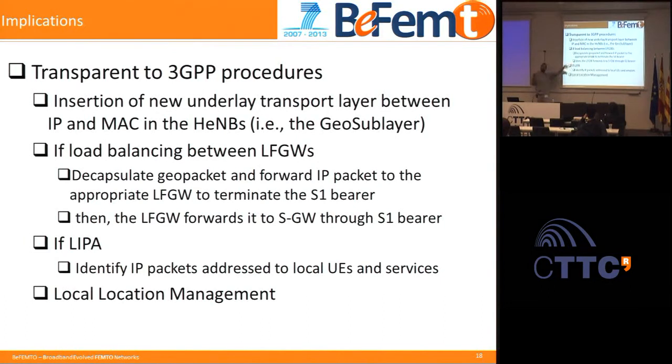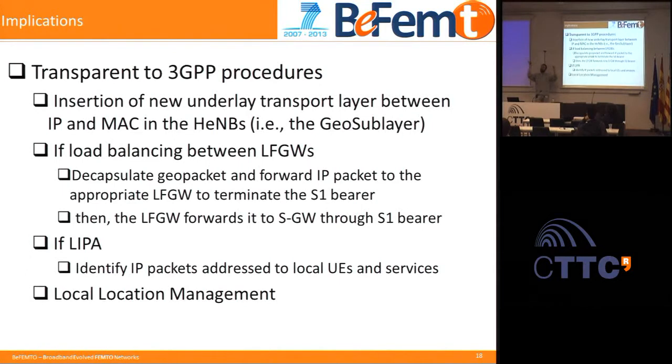There might be some other issues, particularly if you want to benefit of having multiple local femto gateways on a wireless network of femtocells, and you are interested in allowing that traffic from different UEs, or even from the same UE, use potentially all these local femto gateways at the same time for load balancing purposes, then there may be an issue, because you might recall that the local femto gateway has a barrier established with the home node B. So this means that in the end, the packet must reach the original local femto gateway.